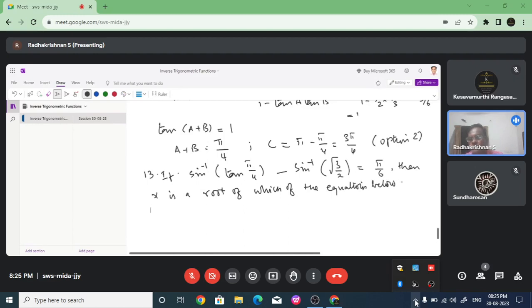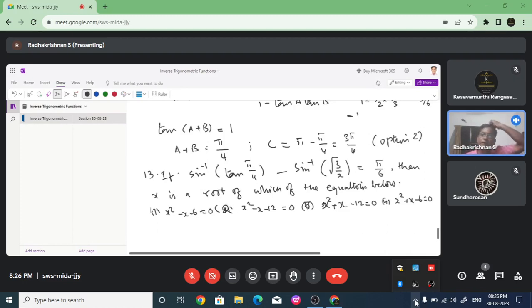So we have to write the equation, but I am not doing it. Okay, so these are the 4 equations.